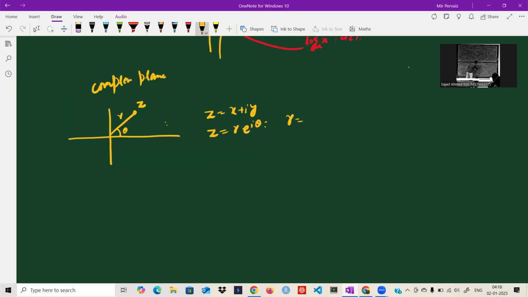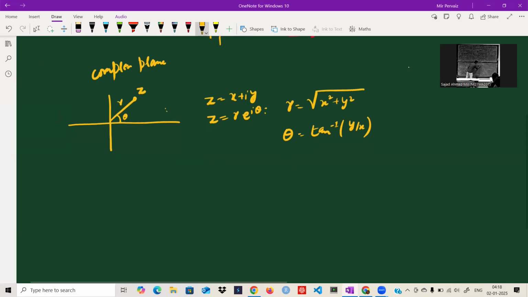Here r can be found from the Cartesian coordinates, and theta can also be found from the Cartesian coordinates, provided that we know in which quadrant our complex number lies. So this is how we have the polar representation.